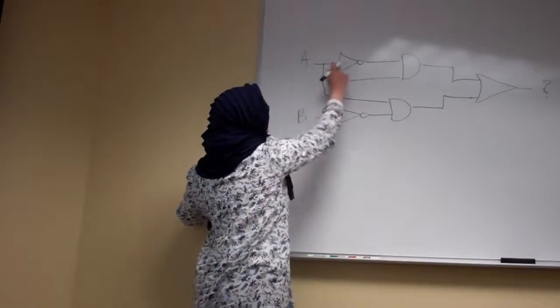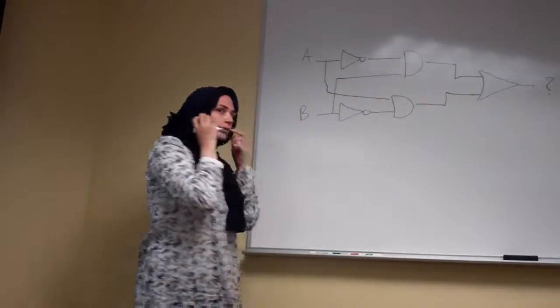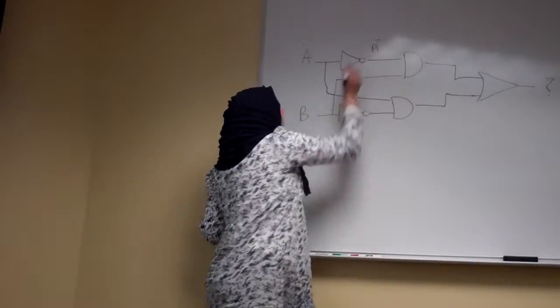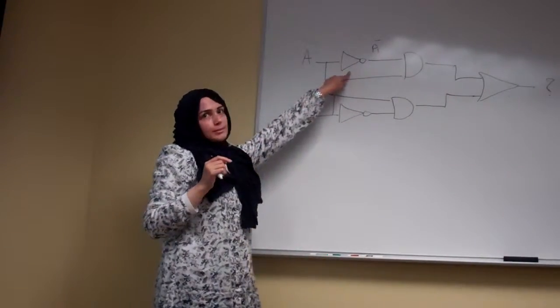What is the output of A after the NOT gate? It will be like this, A dash. Dash means the opposite. Yeah, this is the opposite.